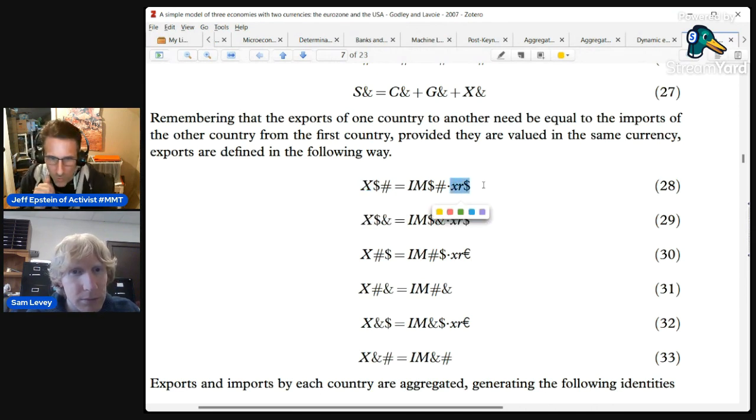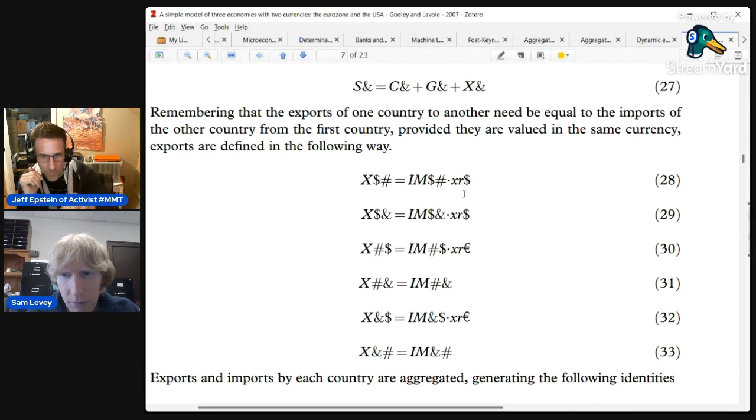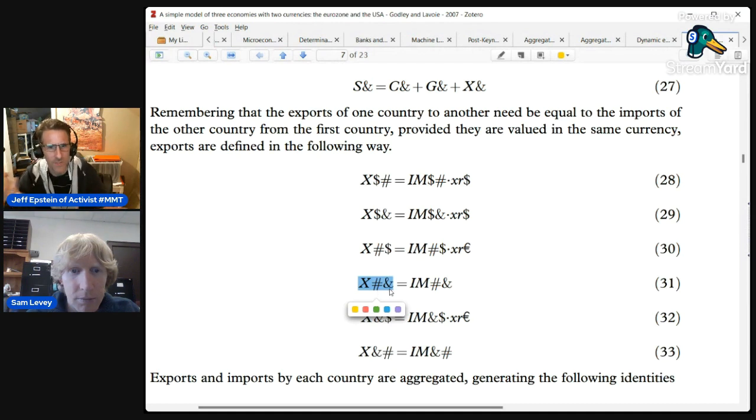Ooh, all right. So on 31, I am importing from ampersand to the hashtag country. On the left side, I am exporting from the ampersand to the hashtag country. But the difference is, what does it even mean to say from the point of view?